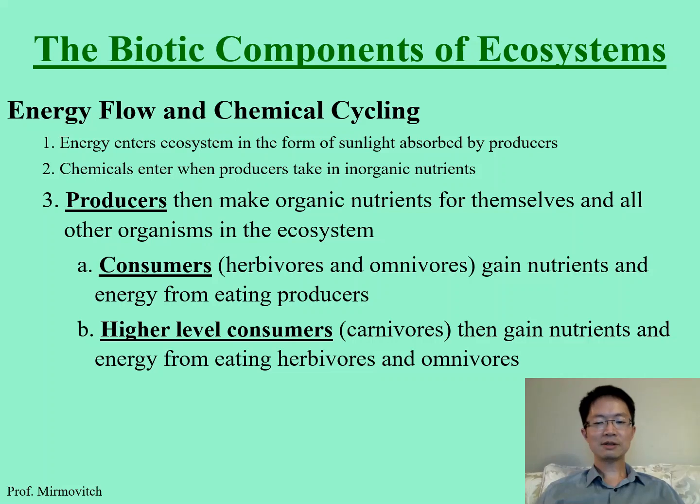And then producer can make the organic nutrient. Again, okay, what are the organic nutrient? Well, if you remember what I mentioned before, it's the glucose, the sugar, for themselves and the consumer.